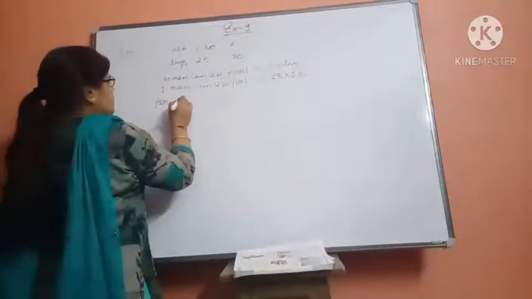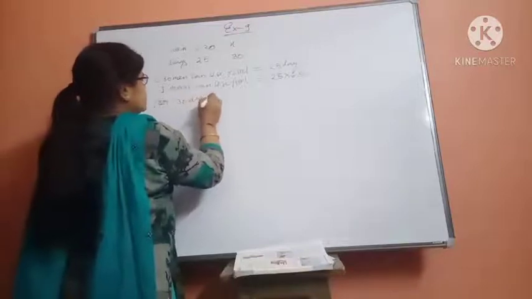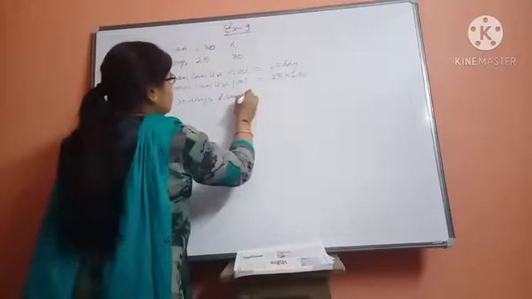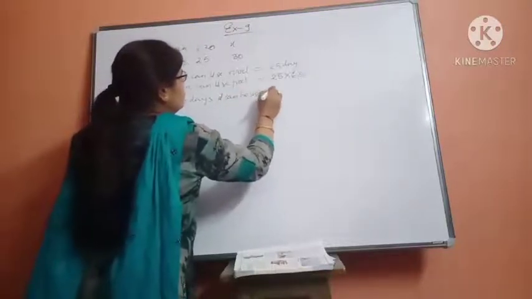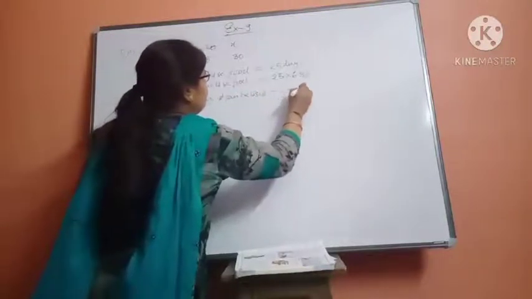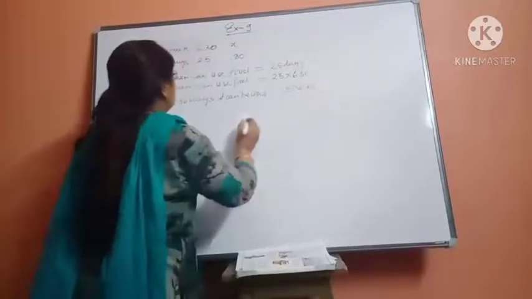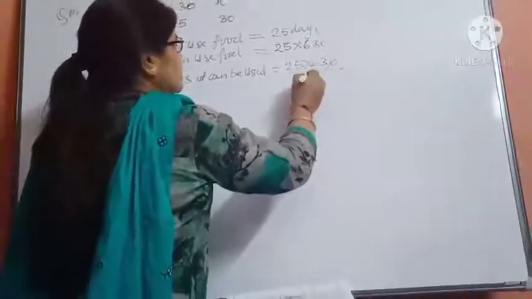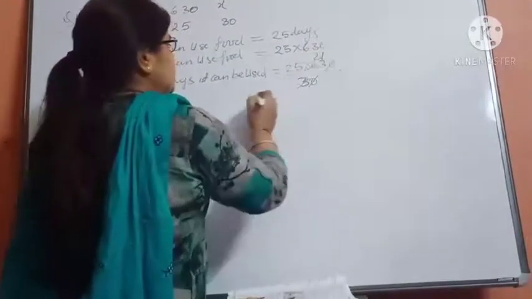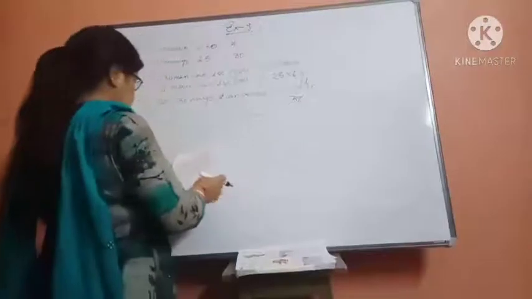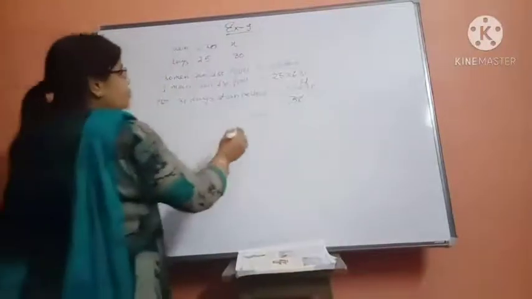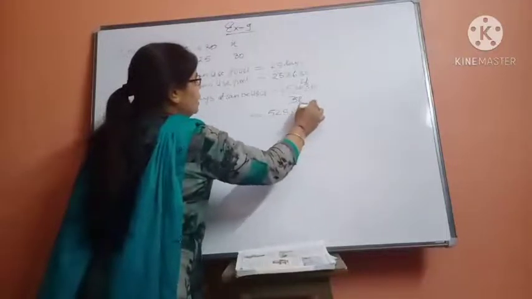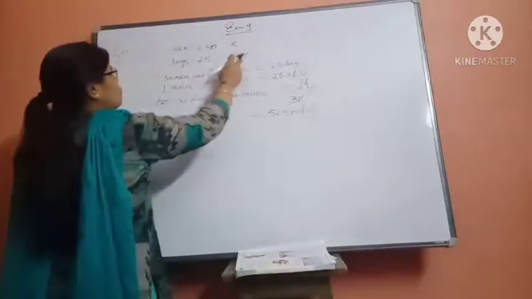For 30 days it can be used is equal to 25 multiplied by 630 divided by 30. So 3 twos are 6, 3 ones are 3. How much will it come to? It will be 525 people, if they use the same amount of food for 30 days.